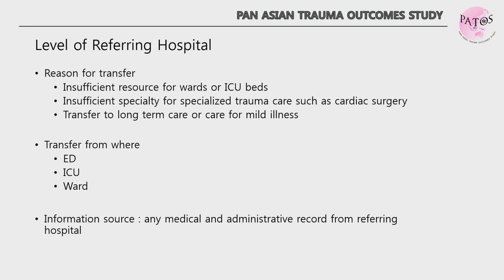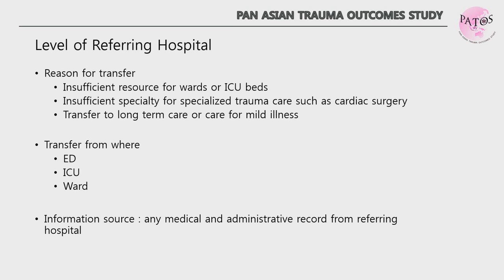Next is comprehensive variables for inter-hospital transfer. Reason for transfer is why a patient was transported from a referring hospital to the destination hospital. Some options for this variable would include shortage of beds or ICU, absence of physicians who can perform specialized trauma care, and whether the patient was transferred for long-term care or care for mild illnesses.